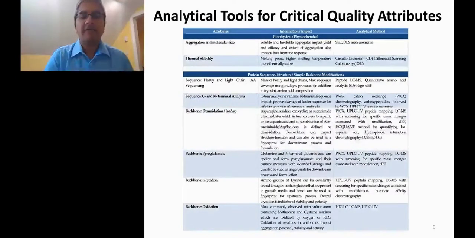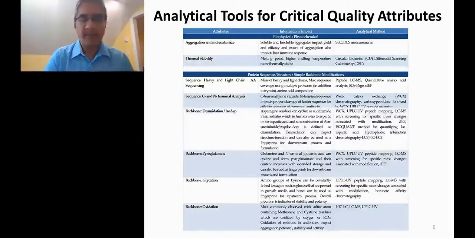We wanted to see what kind of heterogeneity we are expecting, at what level from the process to product or the product to quality these attributes would have an impact, and what analytical methods, both from the standpoint of orthogonality and measuring across the different layers of heterogeneity, we need to have in place to measure these attributes.